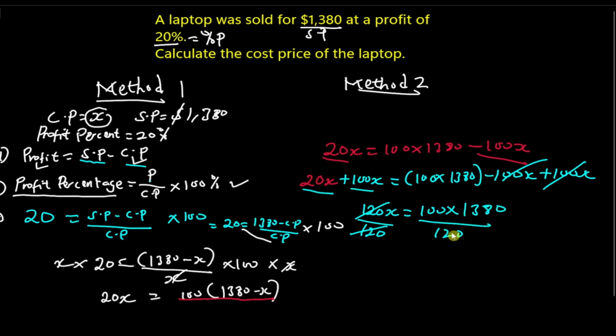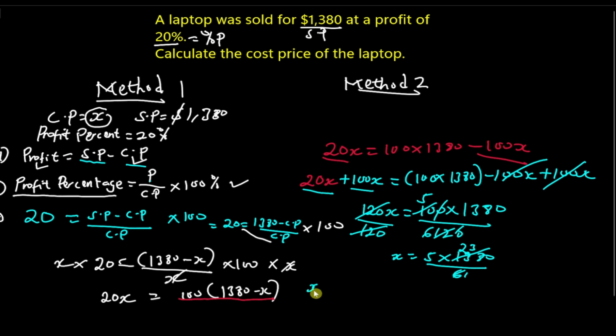0 cancels 0. 2 goes into 10 5 times, and 2 goes into 12 6 times. We now have x equal to 5 times 1380 over 6. Now 6 goes into 138 23 times, so it goes here 23 times.